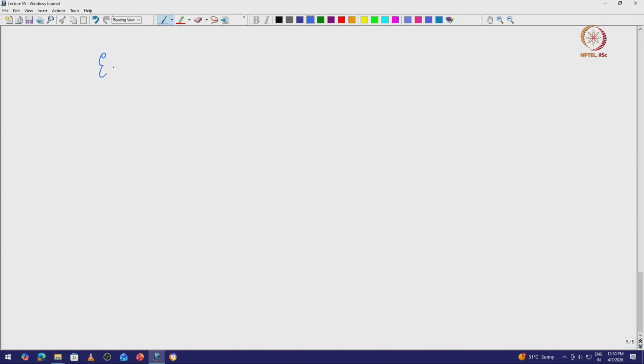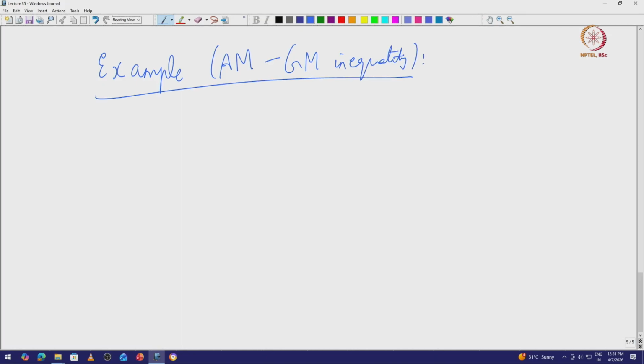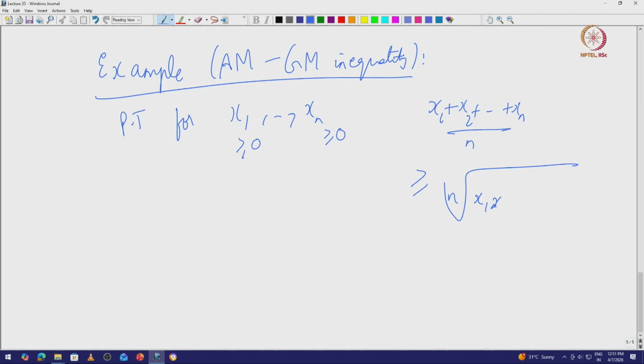Here is a much nicer example. This is the famous arithmetic mean, geometric mean inequality. So, the example is this: prove that for x1 to xn, all of them non-negative, the arithmetic mean, which is this, is greater than or equal to the geometric mean, which is this, with equality if and only if these x's are equal to each other.